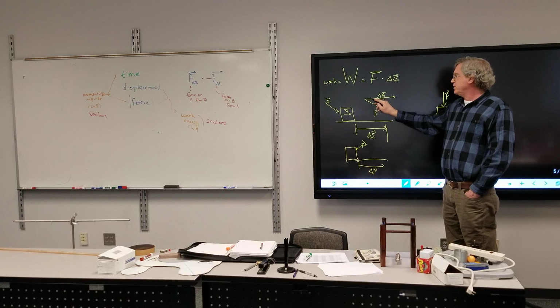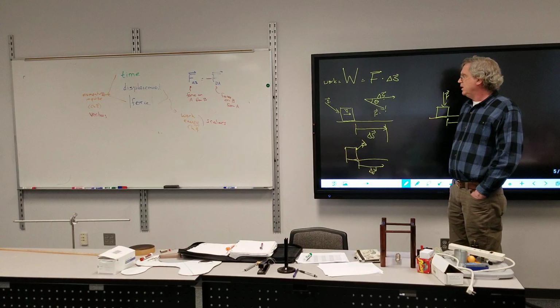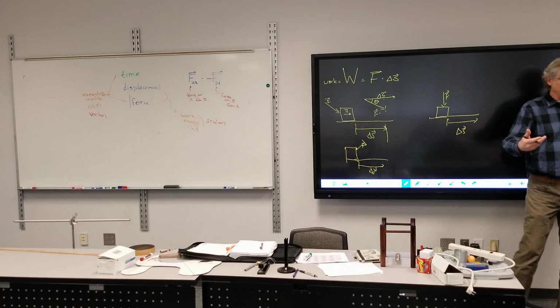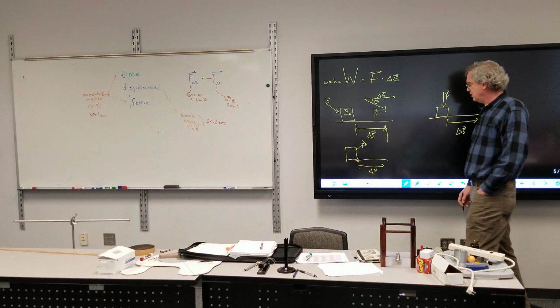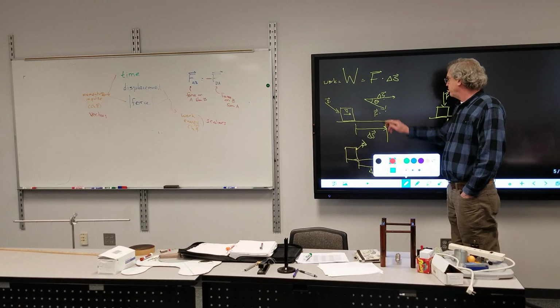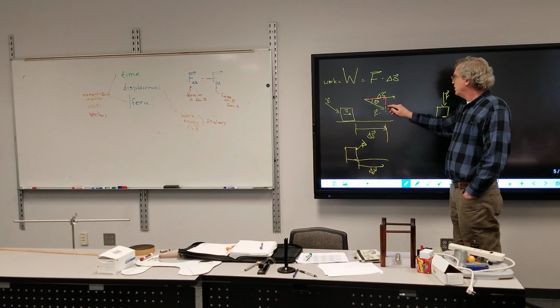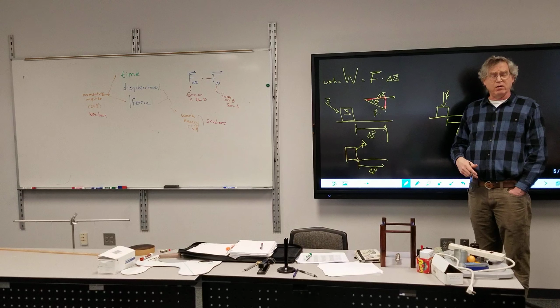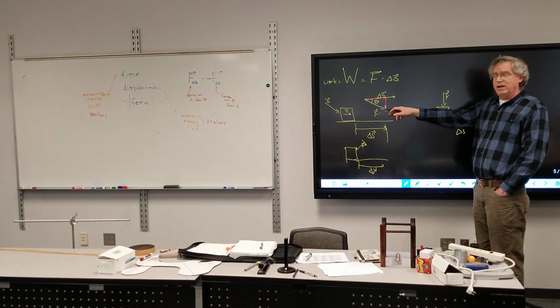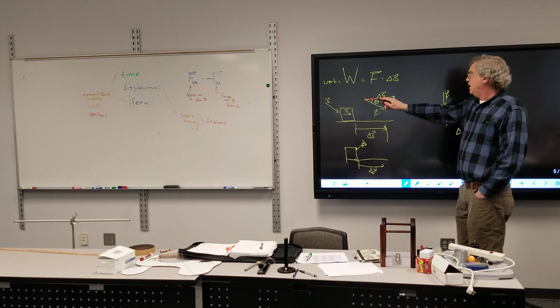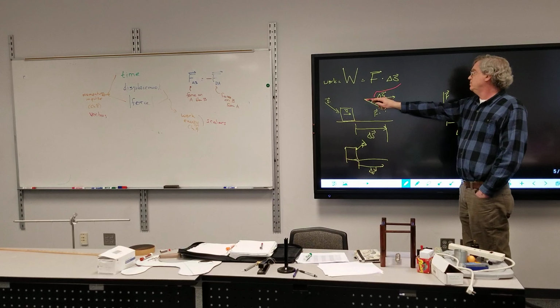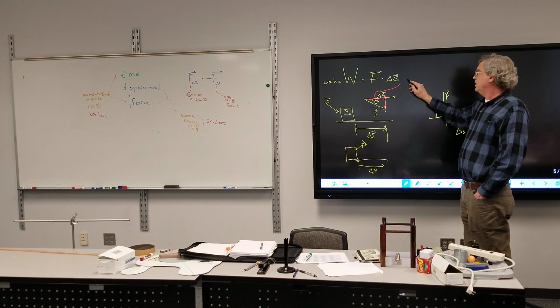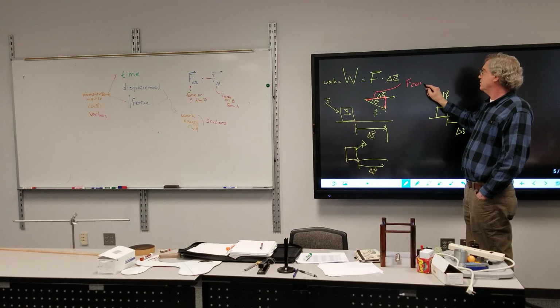If I put them tail to tail, I look at the angle in between them, and I want to figure out how much of that force is in the direction of movement. So if I break that up into its components, the horizontal component is the part I care about. The vertical is not helping or hurting directly. And this red bit right here, the horizontal component, is just going to be F times the cosine of theta.